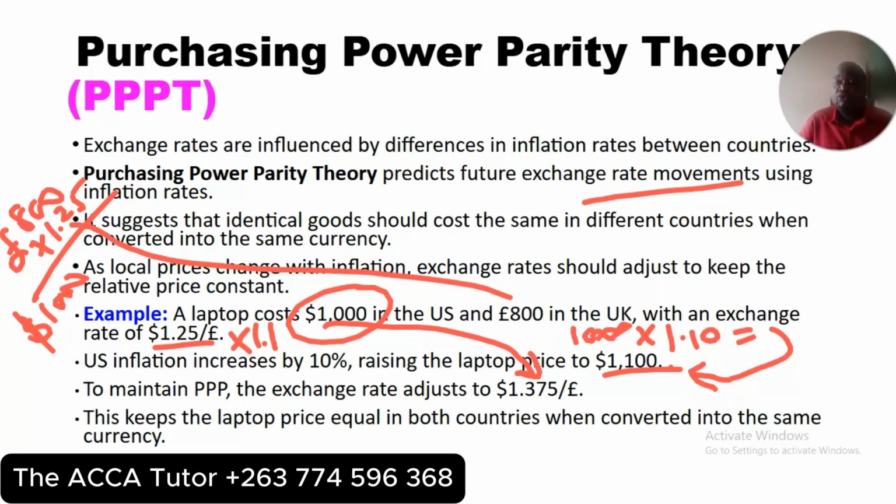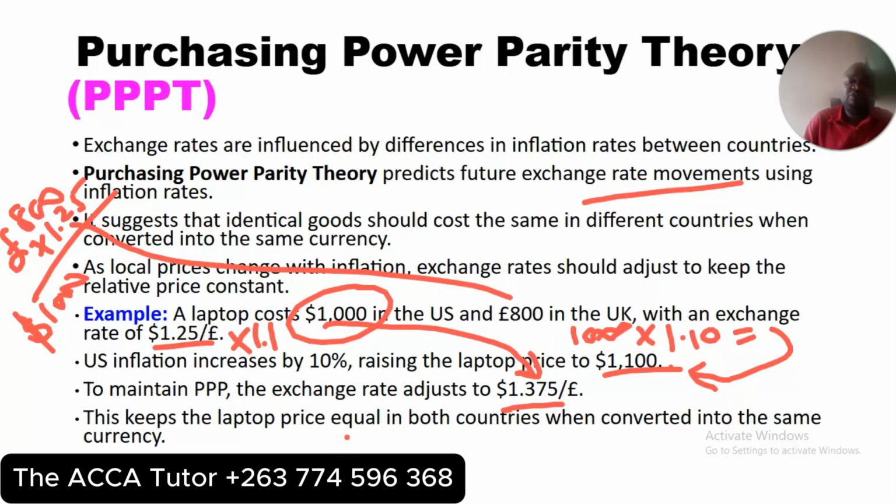So to ensure that I buy the laptop, the exchange rate has to rise in line with inflation. In that case, it has to increase by 10% as well to come to 1.375.